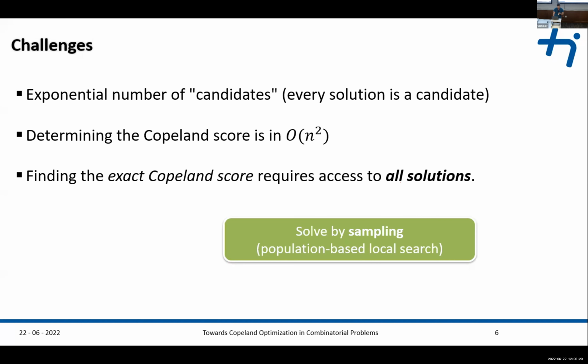Little spoiler ahead: determining the Copeland score is quadratic, and finding the exact Copeland score would really require access to all solutions. So we strive for a population-based local search approach using sampling.